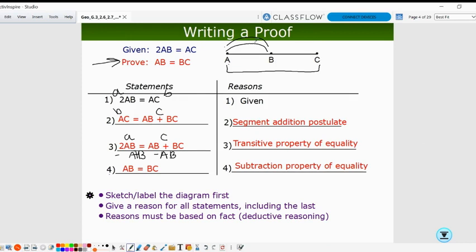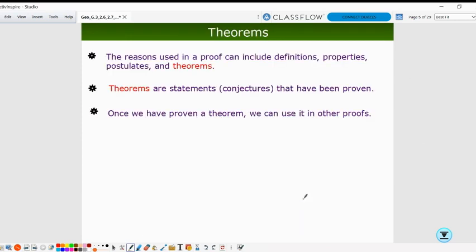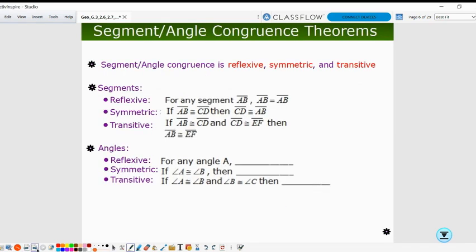It helps to sketch a graph and label it as often as you can. Proofs can include definitions, properties, postulates, and theorems. Remember, theorems are statements that have been proven, and once we have a proven theorem, we can use it in other proofs. We're going to look at three congruence theorems that work for both angles and segments: reflexive, symmetric, and transitive. For segments, reflexive says for any segment AB, AB equals AB.